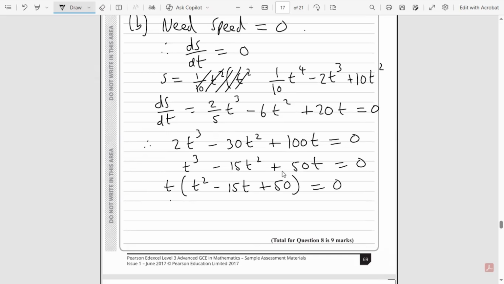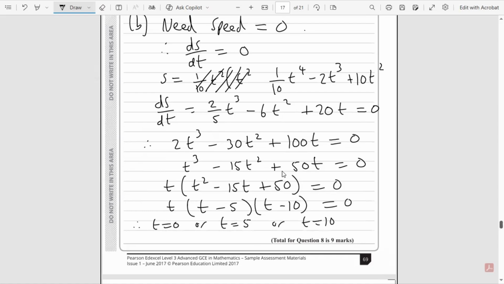And now what we're looking for, with this quadratic factor, is 2 factors of 50 that add up to make a negative 15. So hopefully you'll be happy that the 2 factors will be t minus 5 and t minus 10, like so. So we have t equal to 0, or t equal to 5, or t equal to 10.